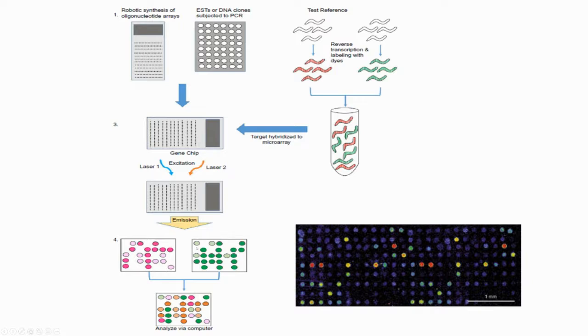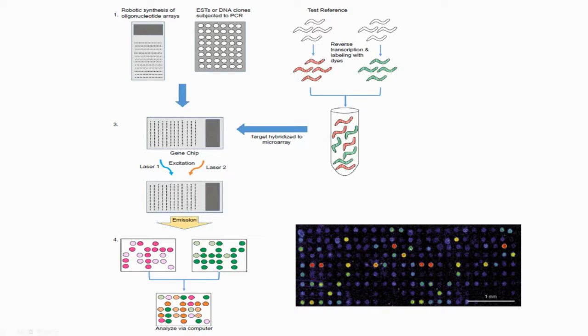Okay, and that will give you a dominant color. And so after they bind, then of course you wash, and then you use different lasers to detect the signal. And that gives you a signal like this. It's red or green. Red or green would be the two extremes on both sides.